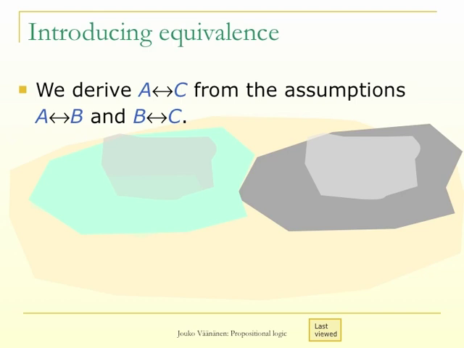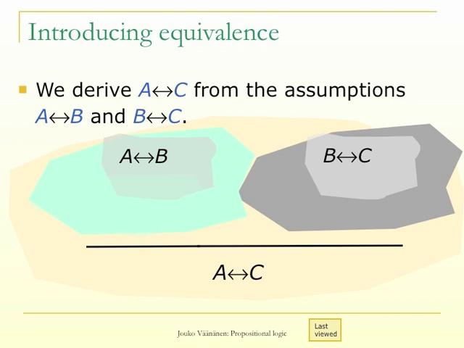As an example of the equivalence introduction rule, we derive A if and only if C from the assumptions A if and only if B and B if and only if C. First, we set the stage for an application of the equivalence introduction rule.